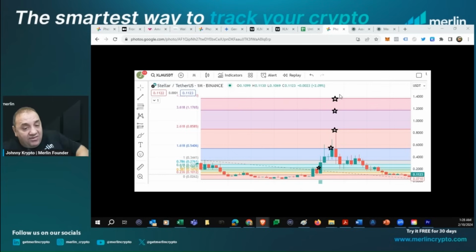And you can see in this event, in fact, I'm sorry, the third target we would have also hit. You can see here right at the top of the wick. So we would have been able to take advantage of 3 different price targets. We would not have exited on these top 2.